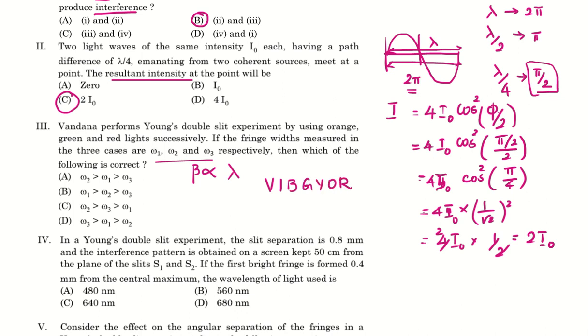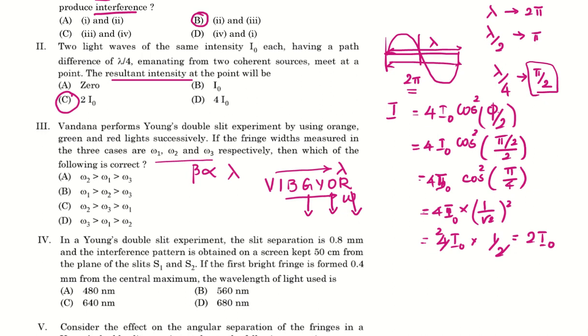Let's just remember the rainbow colors: violet, indigo, blue, green, yellow, orange, red. This way the wavelength increases. If this increases, beta will also increase, that is, here omega will also increase. So these three only are used, but their order is different.